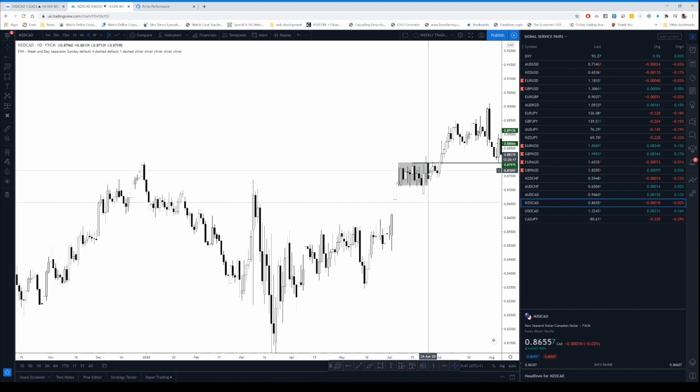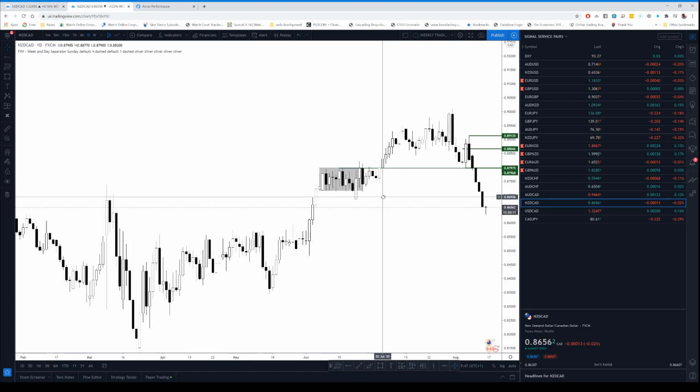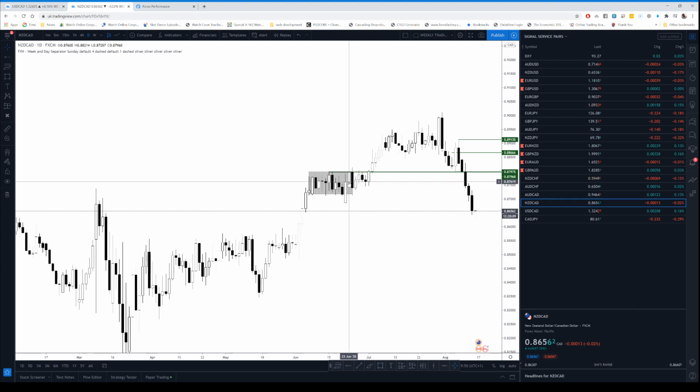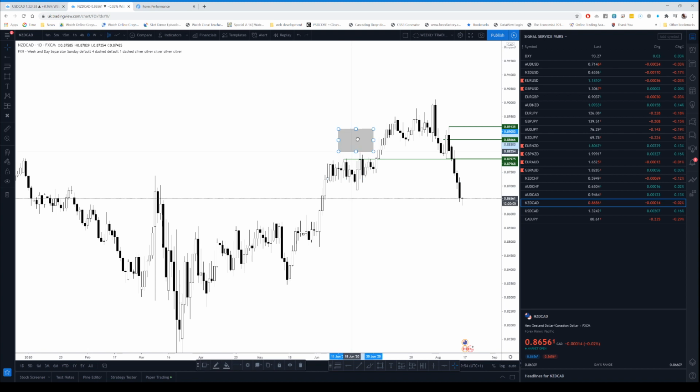That rejection gave me the hint that they want to send price down. But I think I went in, or we went in too early, and they went up again and formed another consolidation up there, and then did the same thing. Move up, rejection, and then we continue going down.